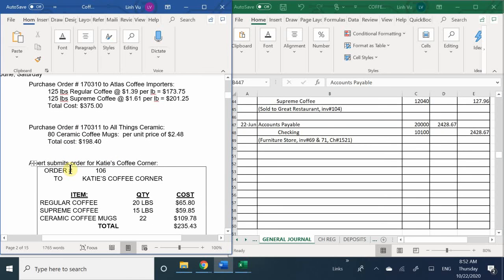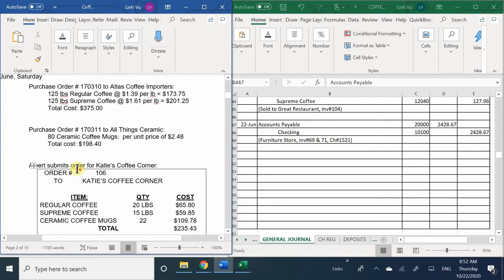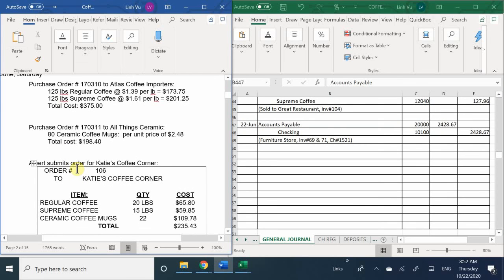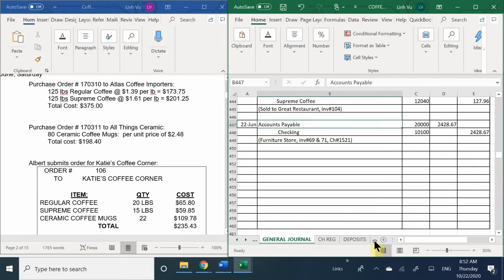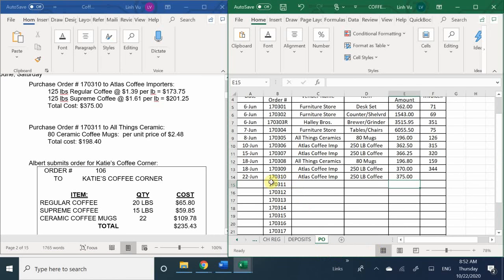All right, what else happened next? We had another purchase order. We go back to the purchase orders, and we put the date June 22nd. The purchase order number is 170311, All Things Ceramic.